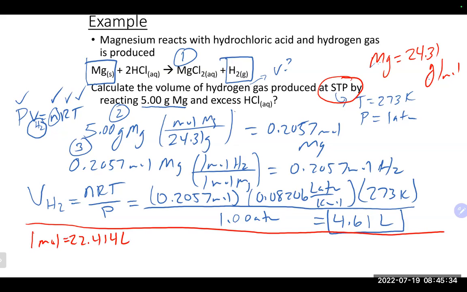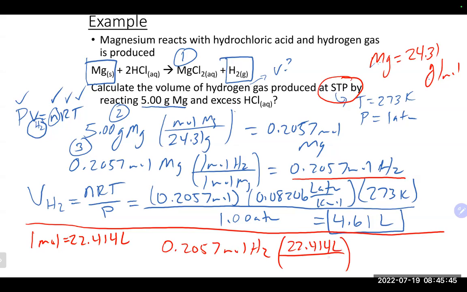And that means we could have just picked up from here and gone with 0.2057 moles of H2 times 22.414 liters per mole, and we would end up with the same thing. So you did not necessarily have to use the ideal gas law here because we were at STP conditions. But you can see you get the same answer regardless of which way you go. And again, we could only do it in this particular case because we were at STP conditions.